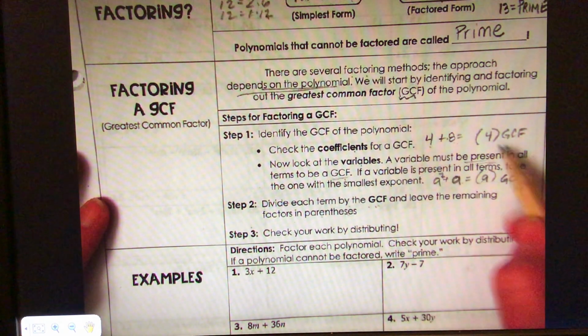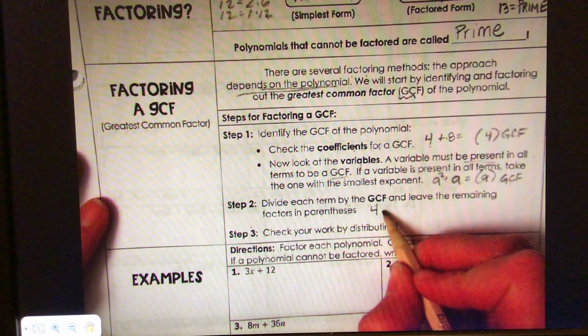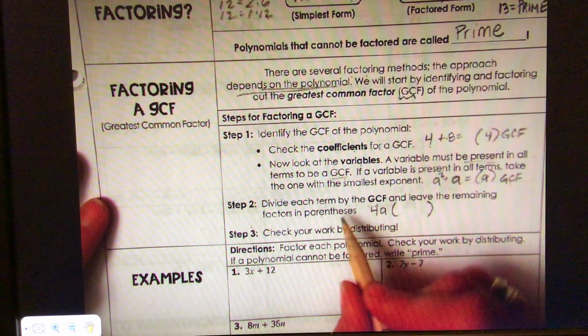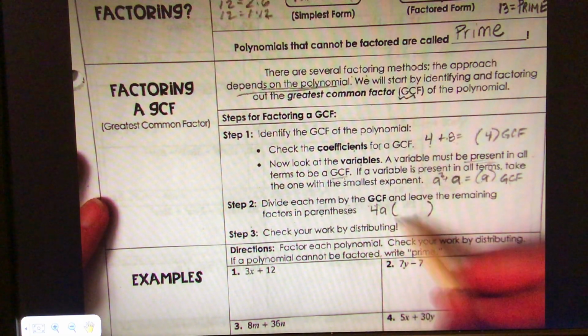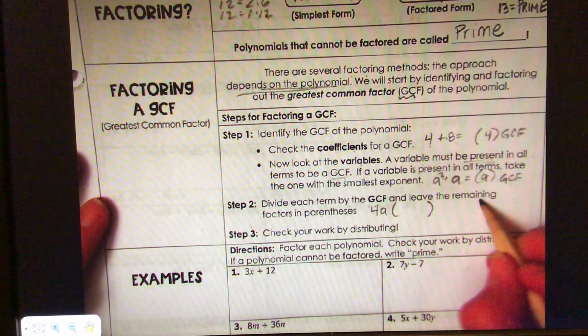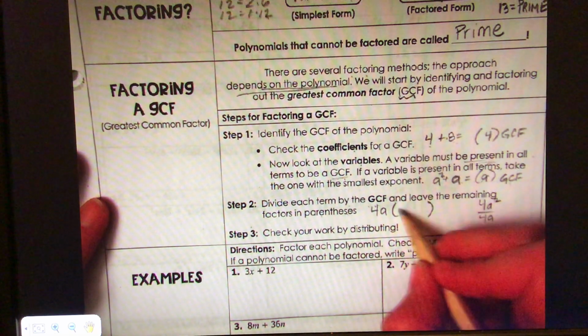So if I combine these two, I have the coefficient number, I have the variable part, and then I have parentheses. If I divide each term by the GCF, well here, if I go back, 4a squared divided by 4a is what? Well, it's just a.